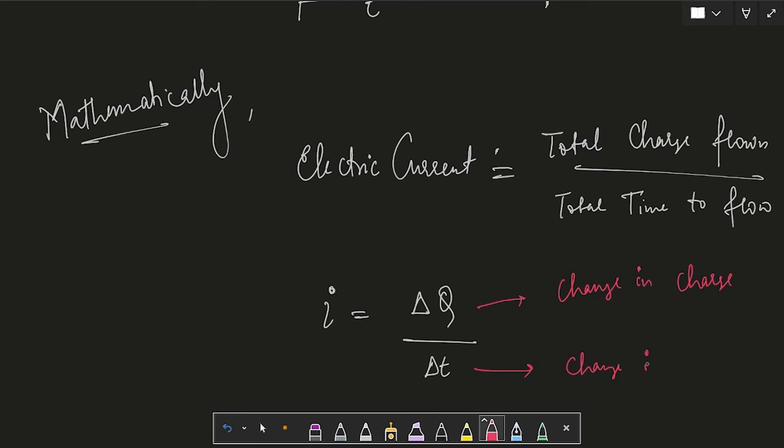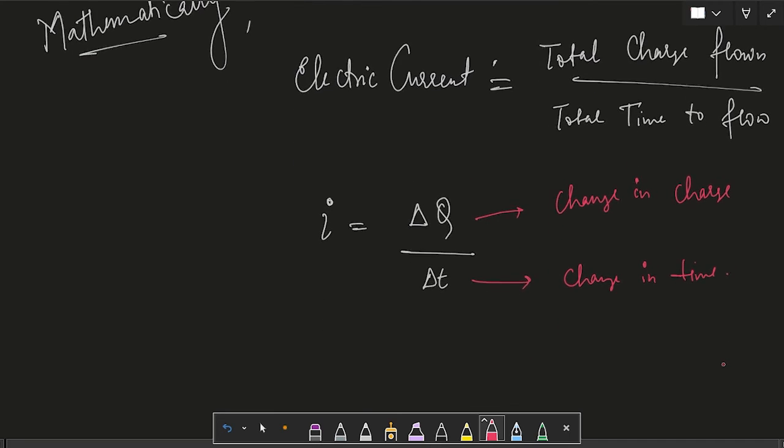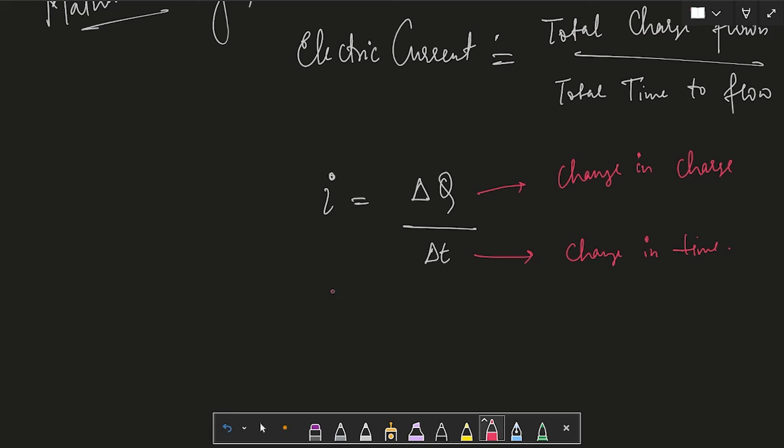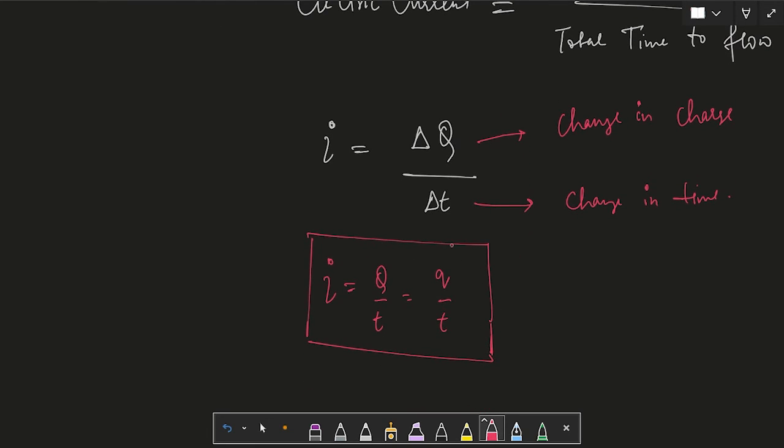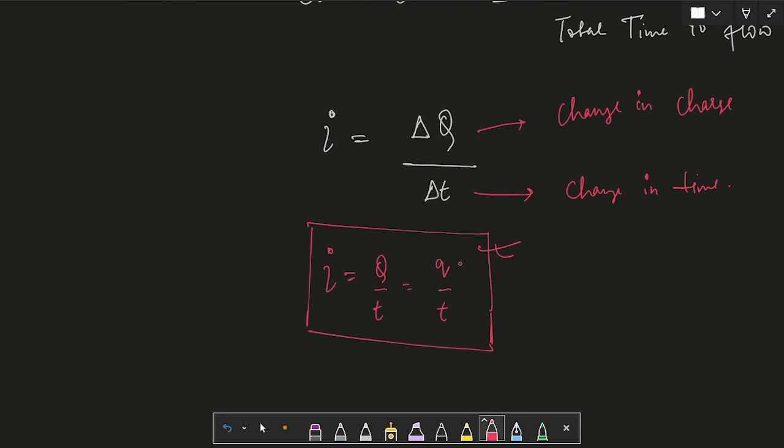For simplification, we generally just write I equals Q by T, or this can be written as small q by T as well. So this is the general notation of electric current, and you need to know this fundamental.